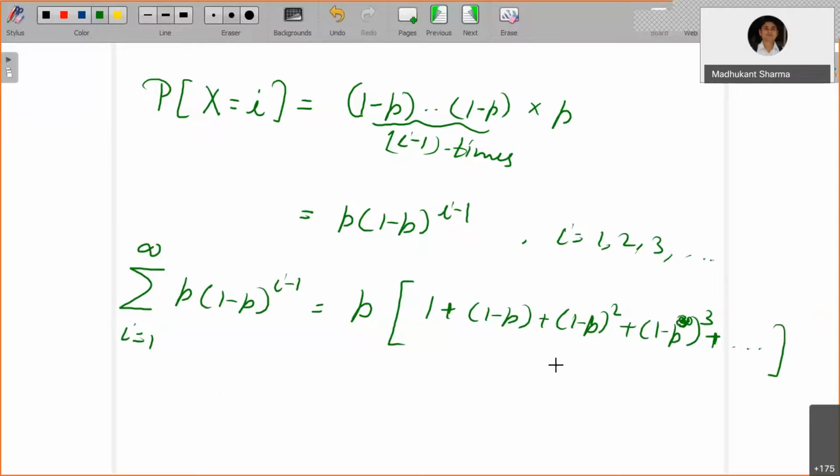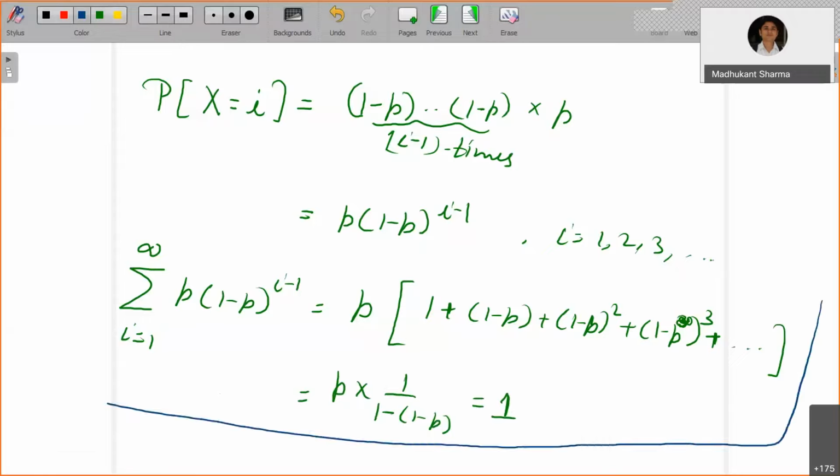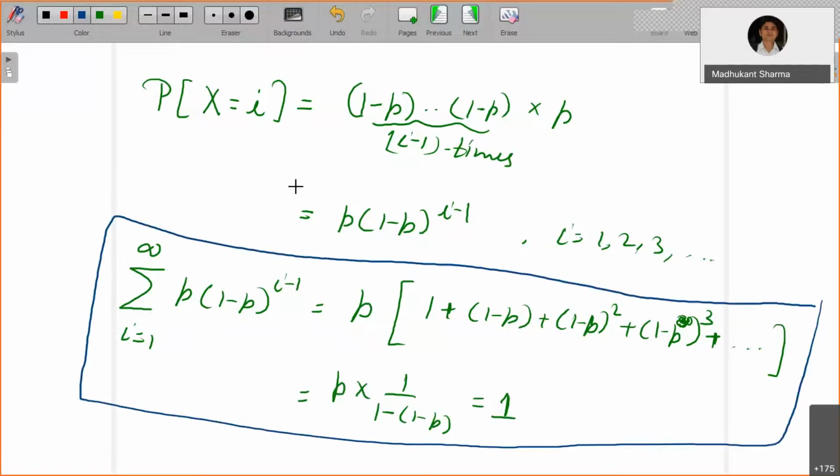It's a geometric series with common ratio 1 minus P, and since P is less than 1, 1 minus P is also less than 1. So hence it is convergent, and converges to a upon 1 minus r. So P times 1 upon 1 minus (1 minus P), that's going to be 1. So this establishes that this is essentially a PMF. All of them are non-negative, and it assigns the PMF.